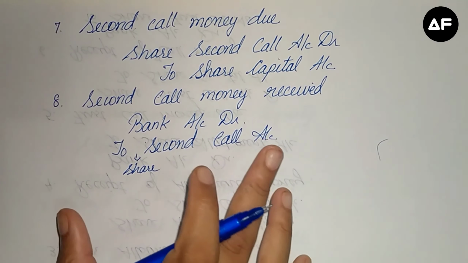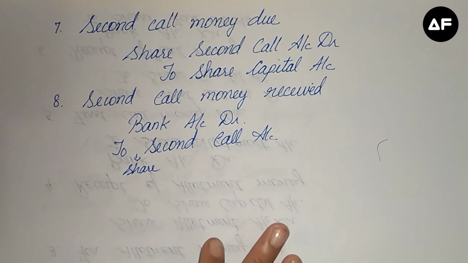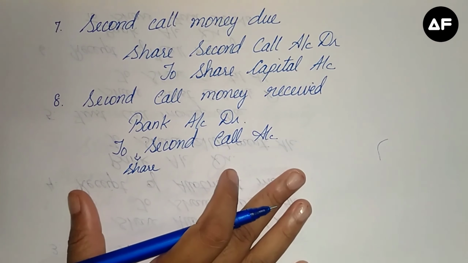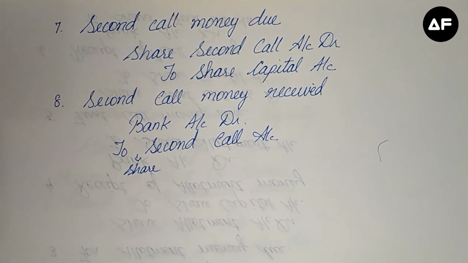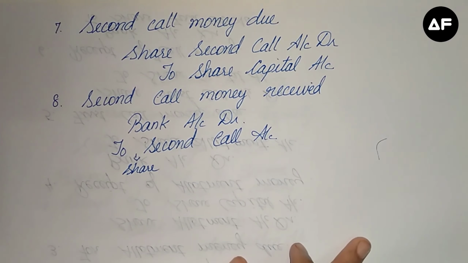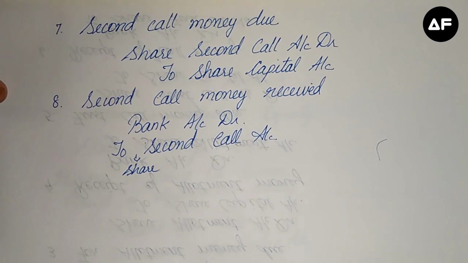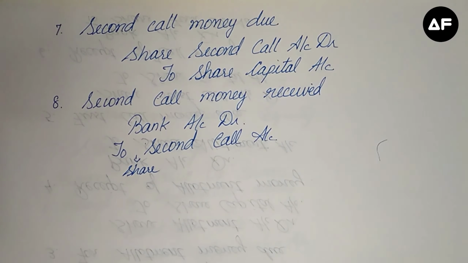So next, they can continue with a third call, or they can wind up with a final call. So in a problem, you may have a first call and they can wind up with it itself, or you may have a second call and they can wind up with it, or you may have a final call also. So it depends on the installment basis on which the investor has opted.